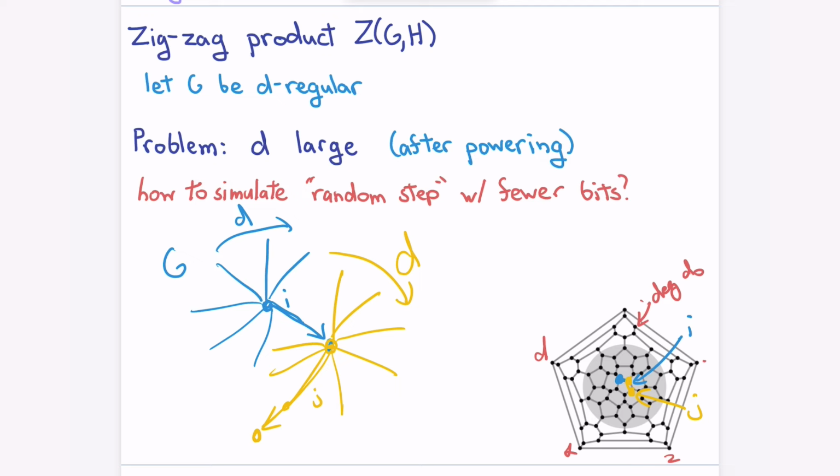Because it's just a low degree expander graph. So at any point in time, you have your current random number generator and your graph. Okay? So you just punch the random number generator, choose your random number, you think it's random between 1 and D, and you go to the corresponding neighbor in G. And internally, the random number generator did not actually use log D bits. It used 2 bits. Okay?